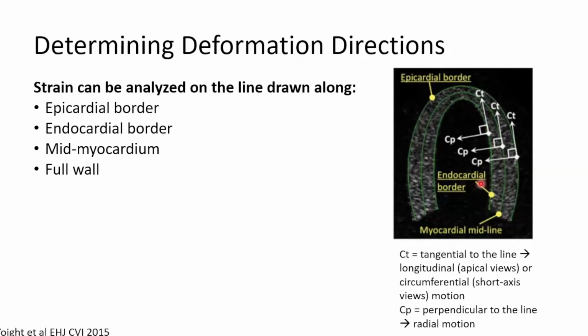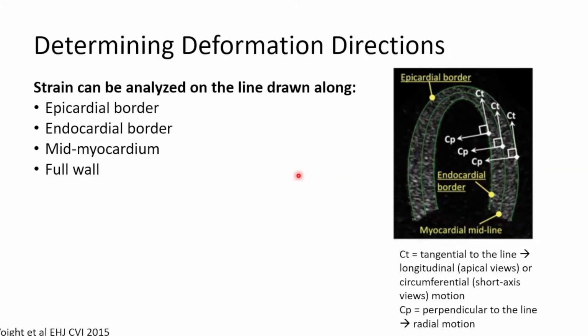In short axis views, tangential motion is considered circumferential. In comparison, if it was moving perpendicular to the line you've drawn, then that's considered radial motion. So we can put this line in the epicardium, endocardium, or mid-myocardium, or we can tell it to give us strain across the full myocardial thickness by averaging all of those measurements.